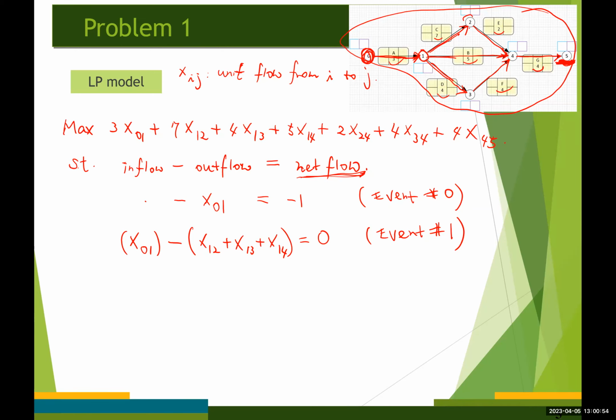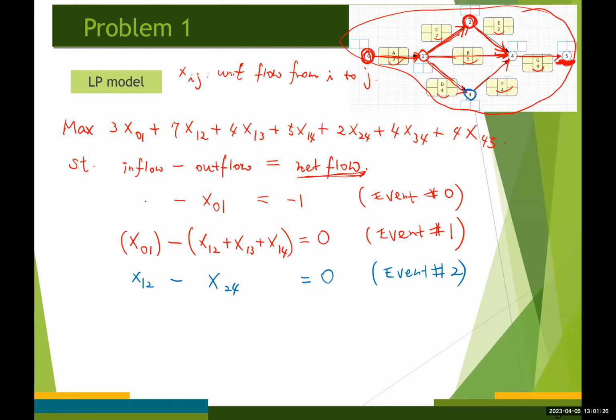Next, for event number 2, we have one inflow and one outflow, right? So let me change the color. For event number 2, one inflow, x12, and one outflow, x24, is equal to 0, right?